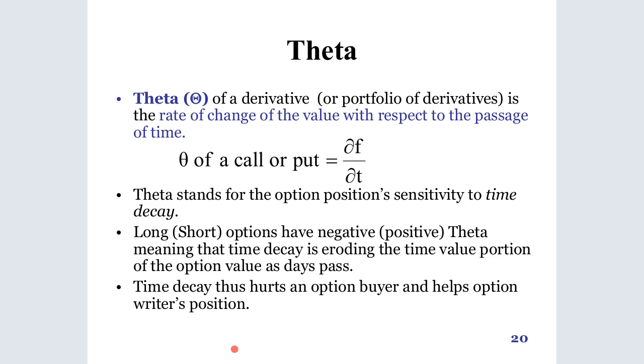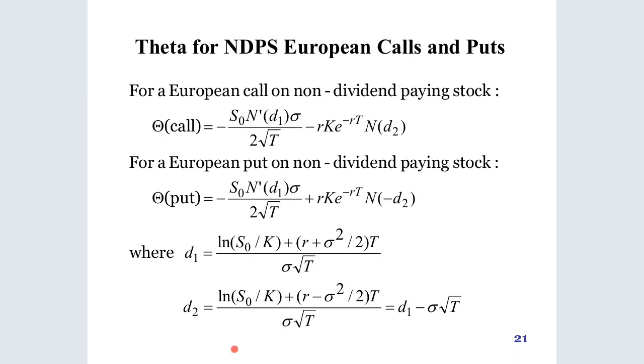Because if you bought an option and it is not exercised or exercisable, as the number of days elapse, the likelihood of the option exercise becomes lower, and that helps the option writer's position. So long options have negative theta, short options have positive theta.